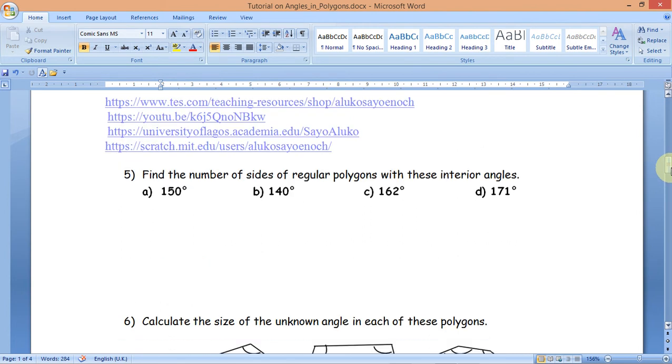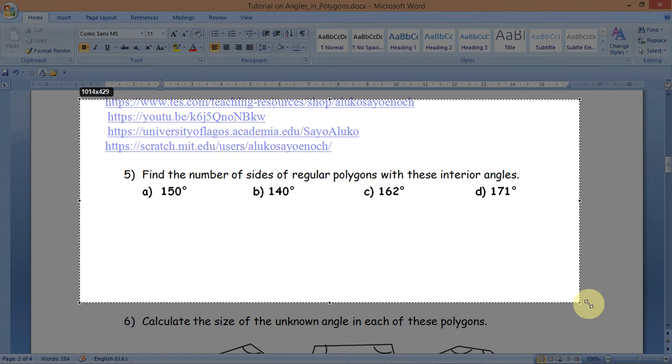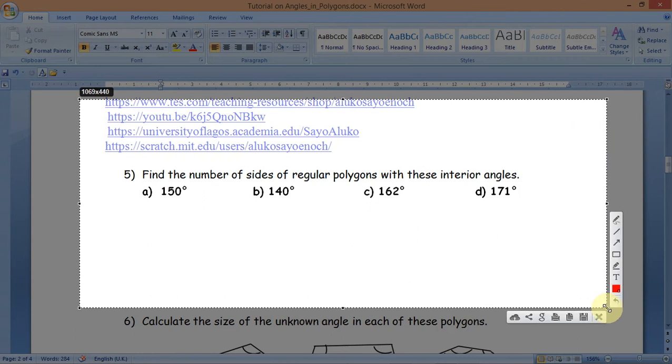Question 5 now. Find the number of sides of a regular polygon with this interior angle. So this time we want to find the number of sides of a polygon with a given interior angle. Since it's interior angle, you go with your sum first, n minus 2 times 180, and don't forget to put n minus 2 in brackets.